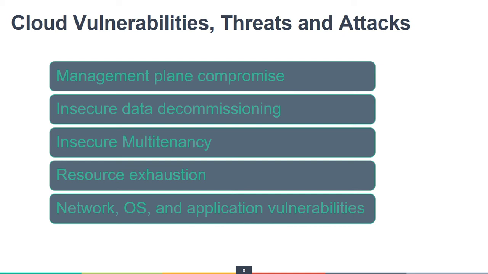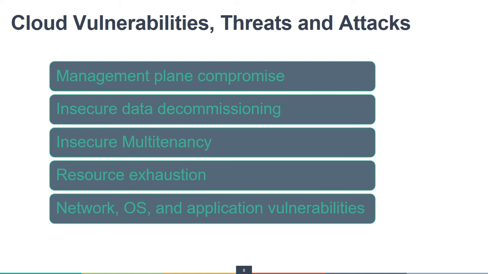Cloud vulnerabilities, threats, and attacks. The cloud environment at a high level experiences the same types of threats and vulnerabilities as on-premise infrastructure. Here, the cloud environment runs the applications. Those applications have vulnerabilities, and bad guys try to exploit those vulnerabilities to compromise the systems and the data.